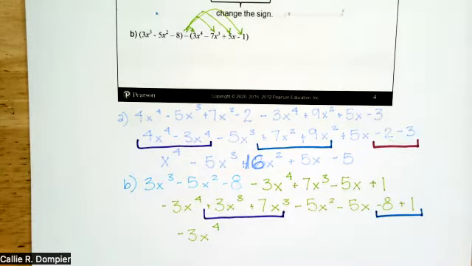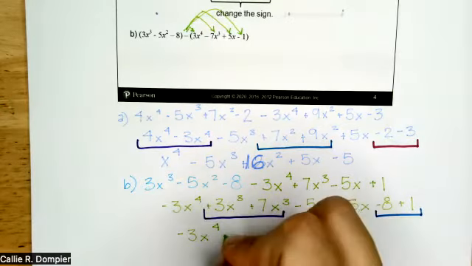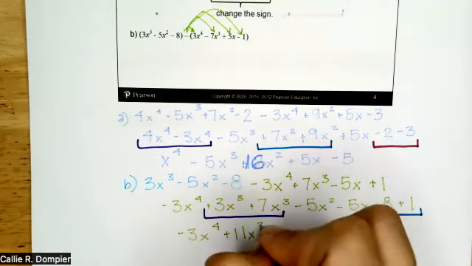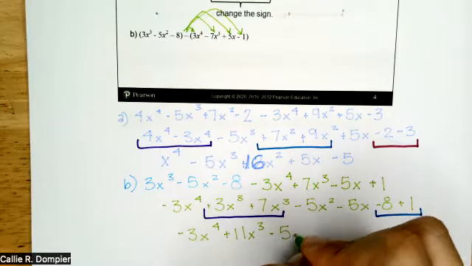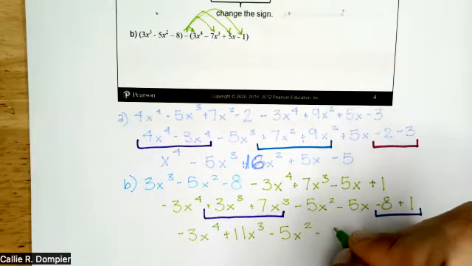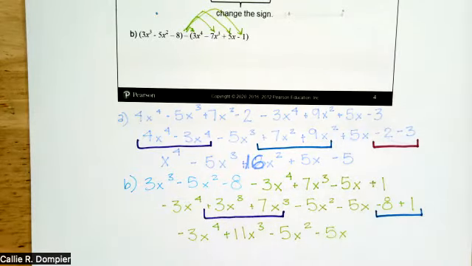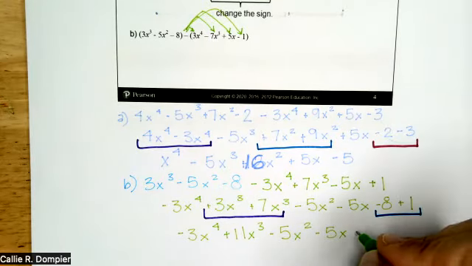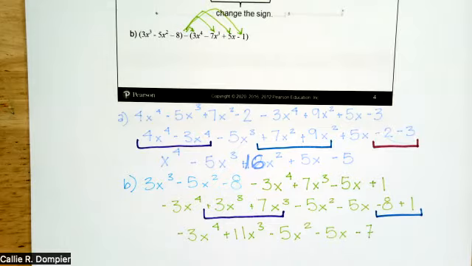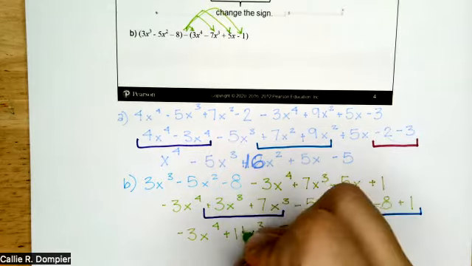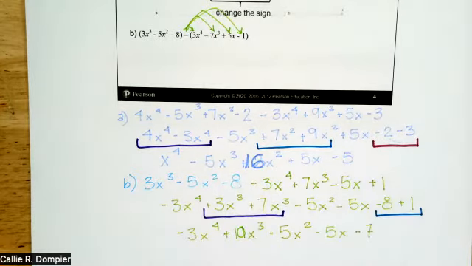So 3 and 7 are both positive, so that's 11x to the third. -8 plus 1, so 8 minus 1 is 7, but the 8 is a negative, so it's a -7. No, 7, 8, 9, 10. Two mistakes.